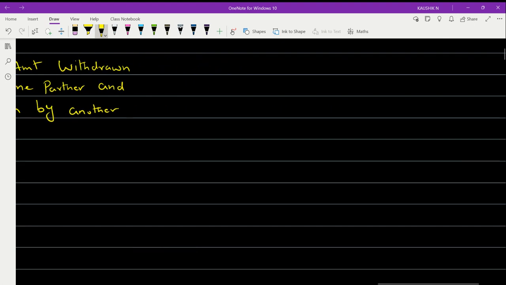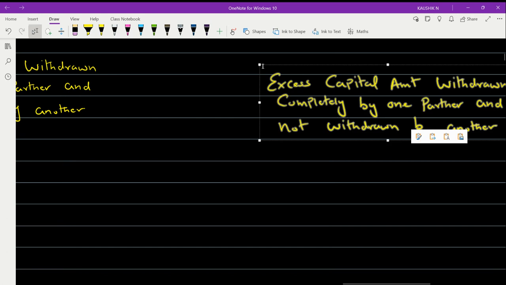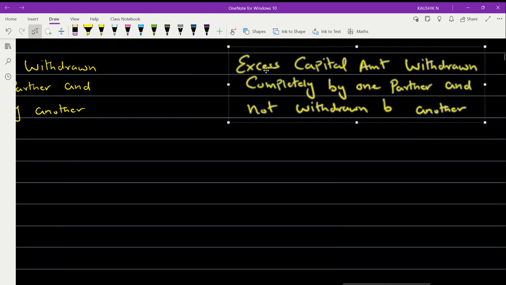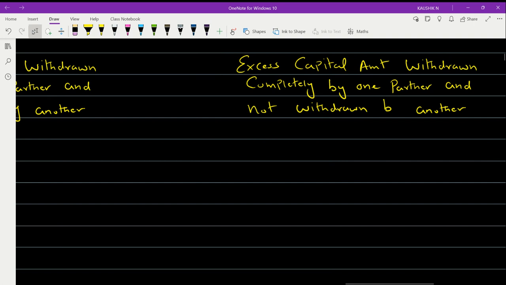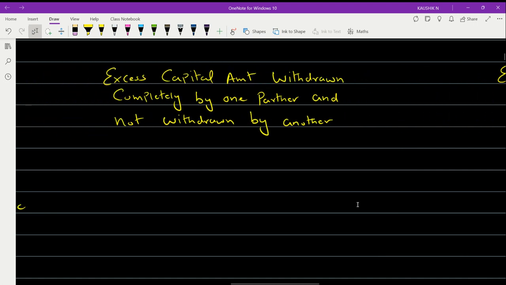And the third one is excess capital amount withdrawn completely by one partner and partly withdrawn by another. So let us see in this how the entry will have a variation.